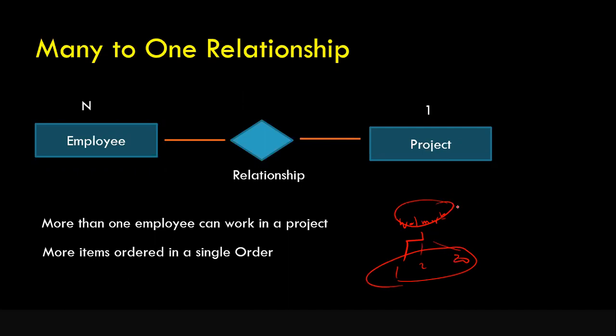A single hospital can have multiple practitioners, more than one nurse, more than one doctor. These are examples of many to one. Multiple employees work in the Walmart project, and multiple nurses and doctors work in a hospital. Another example is multiple items ordered in a single order. It's just the reverse of one to many.